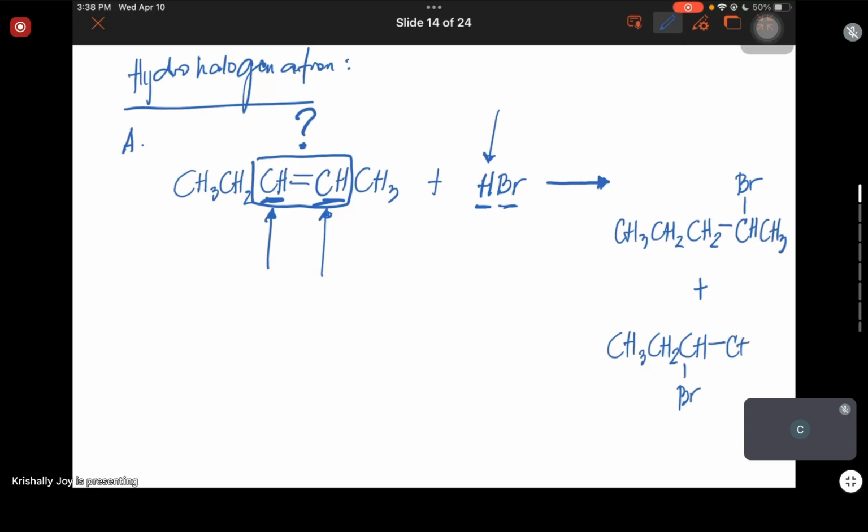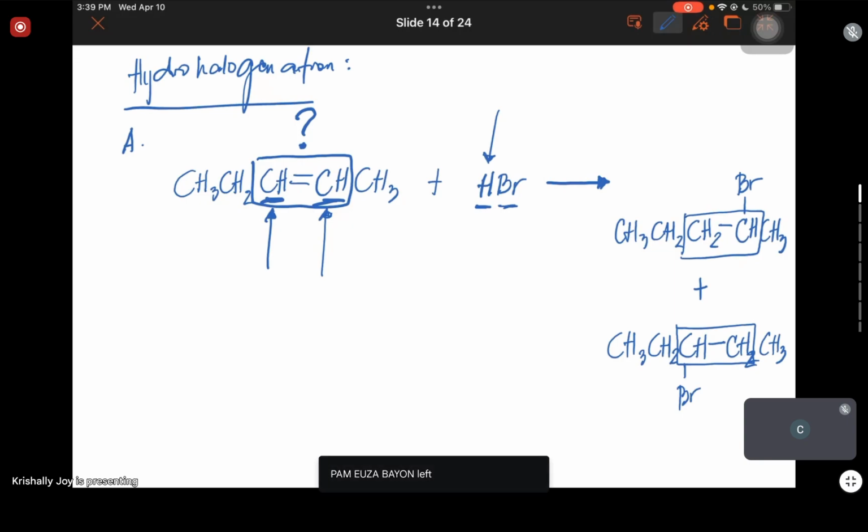Okay, single bond then CH2, CH3. This was the reactive site earlier. Try to observe the difference. Right? So a mixture of products is produced. If that is the case, with the same degree of substitution, you really have to produce all the possible products.